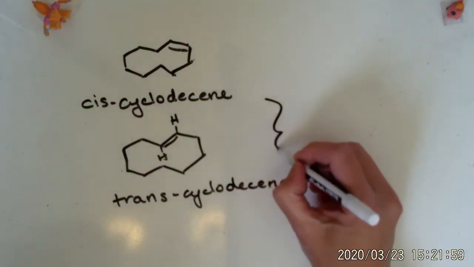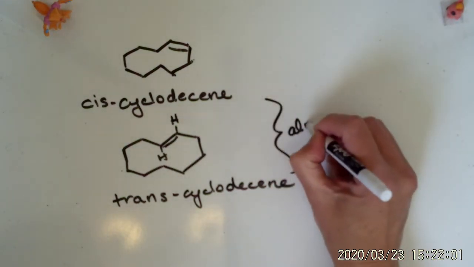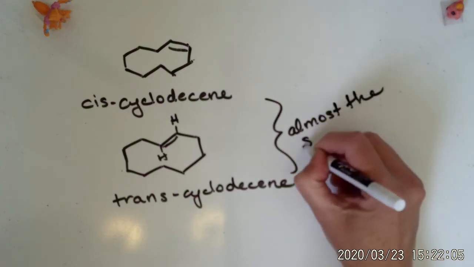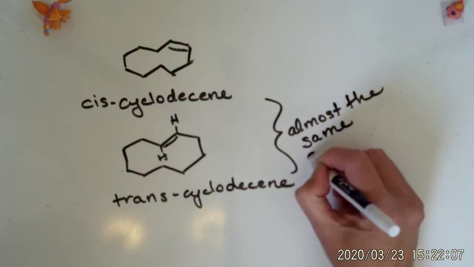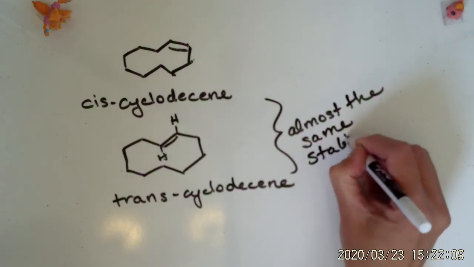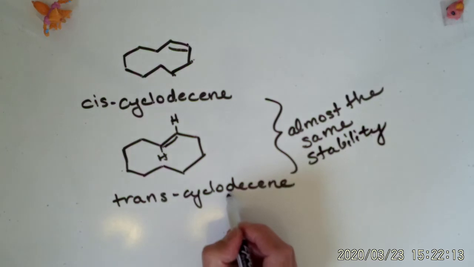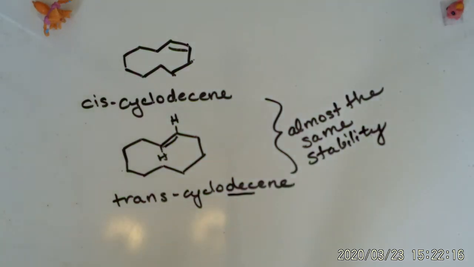And they're almost the same stability. And remember, this is because I have a 10-membered ring, a 10-membered ring. Okay, before I start getting some reasonable stability by having a trans double bond in my ring.